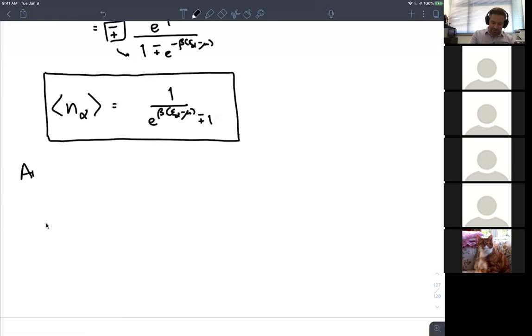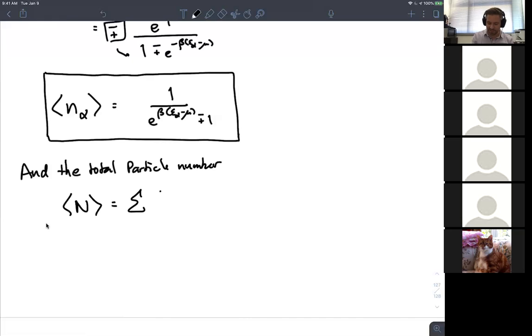And the total particle number, that is the average of capital N. In principle, this is just if you take all of your average n alphas and sum them all up. But another way to get this is if you take your total free energy and differentiate with respect to epsilon alpha, that'll give you this.